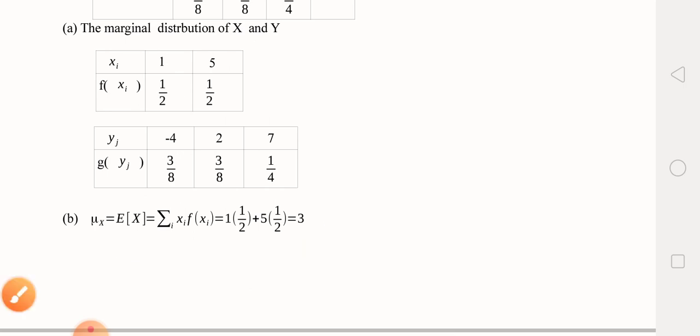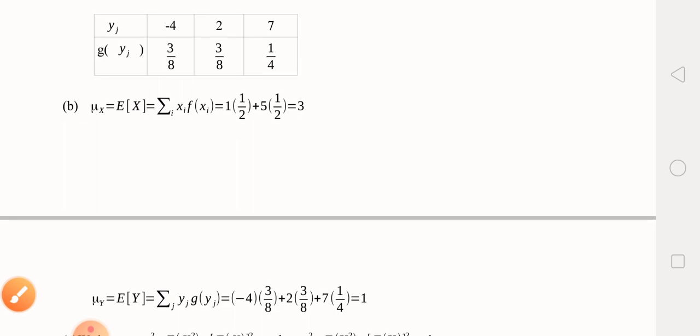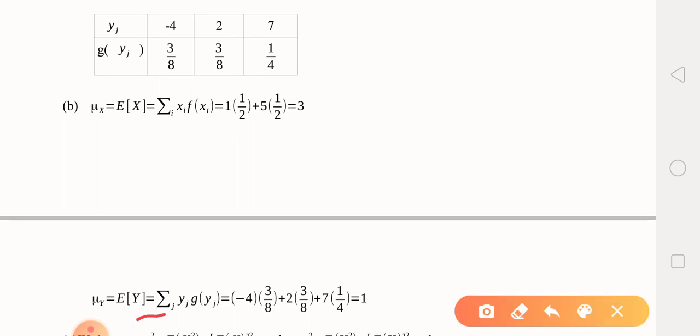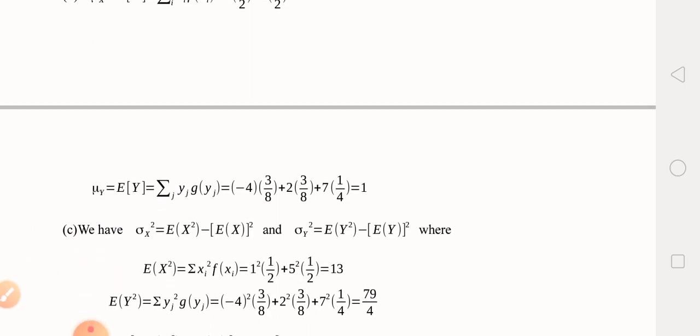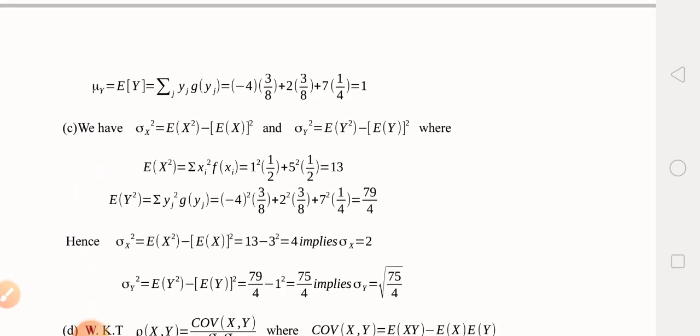Now expectation of y, the formula is summation yj into g of yj, which is minus 4 into 3 by 8 plus 2 into 3 by 8 plus 7 into 1 by 4. On simplification, you will get that as 1. This gives the expectation or mean of x and y.